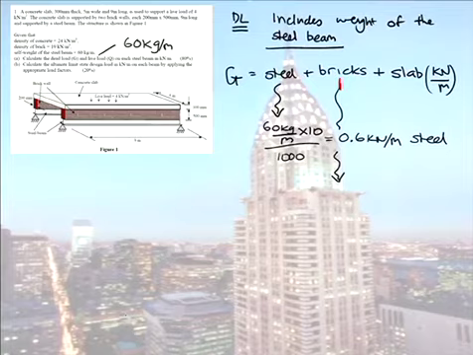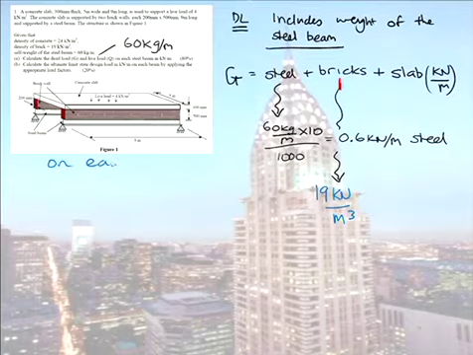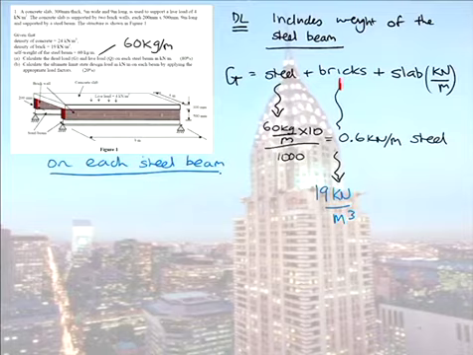Okay, our brickwork now. Our brickwork weighs, we were given the density as 19 kilonewton per metre cubed. So I'll do it the long way now. We need to know the volume. Now remember, we want to know the load, be clear, on each steel beam. So we're going to work out the weight of the bricks on one steel beam.